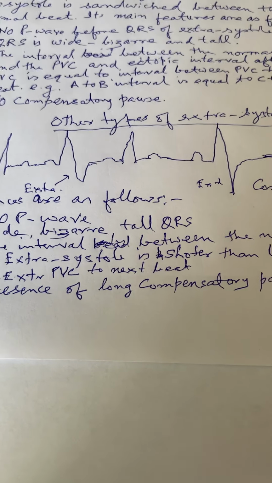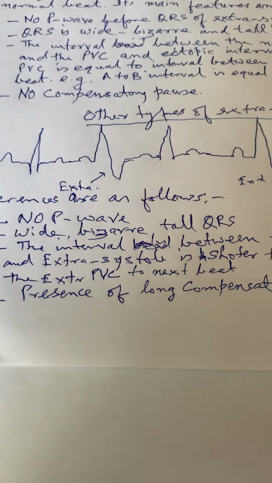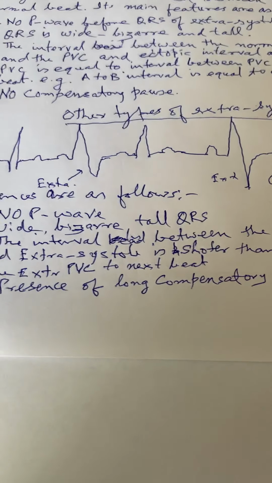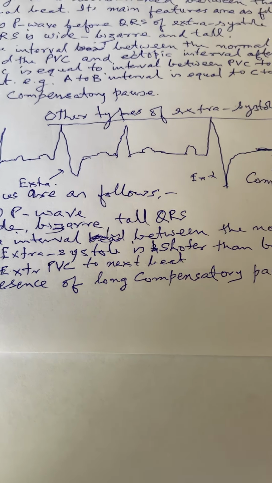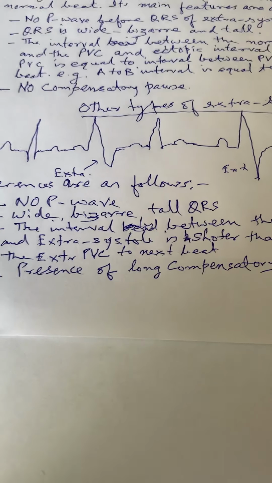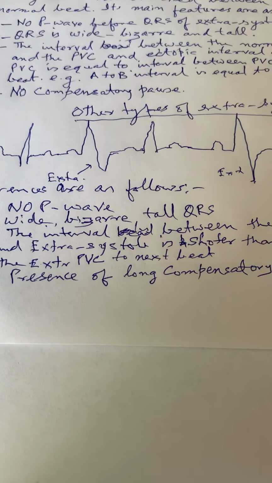So here A to B, the interval between the normal beat and extrasystole, is shorter than between the extrasystole and the following normal beat.